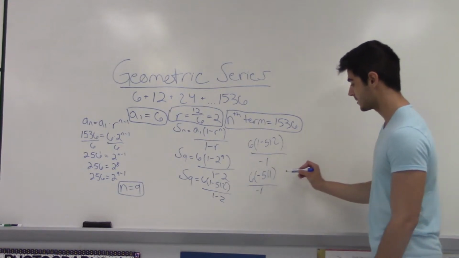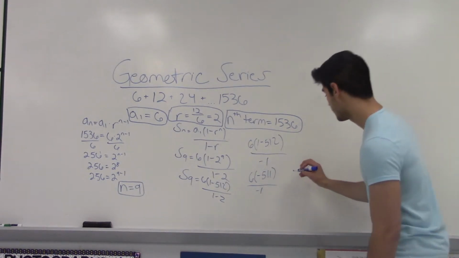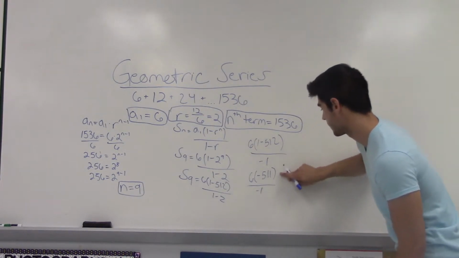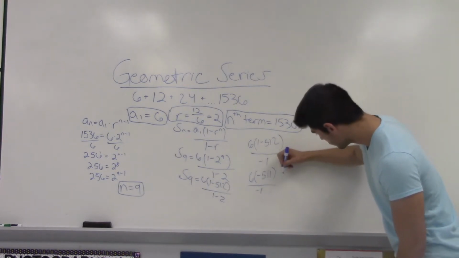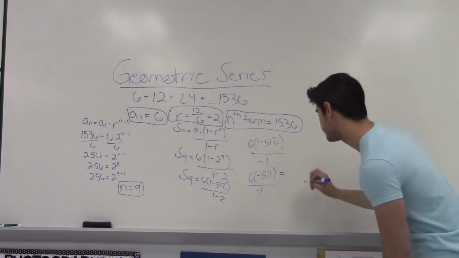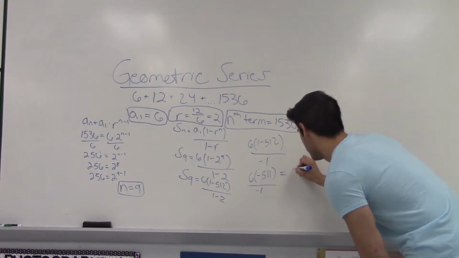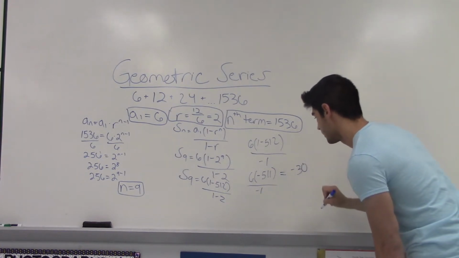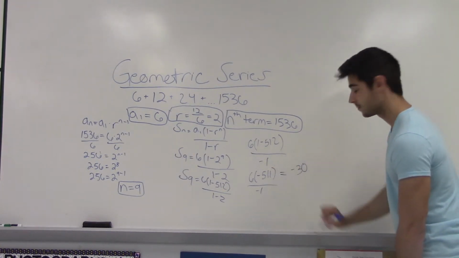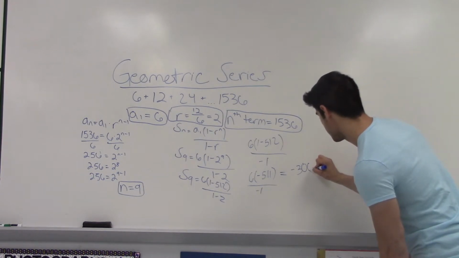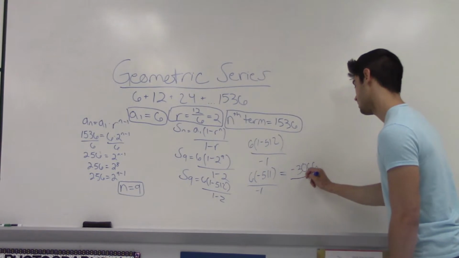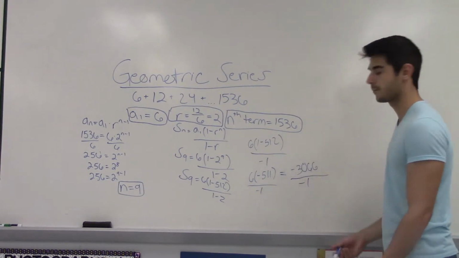So 6 times negative 511 would be equal to, oh, sorry about that guys, a little sloppy. Negative 6 times 5, 30, and then 6 times 11 equals 66. All over negative 1.